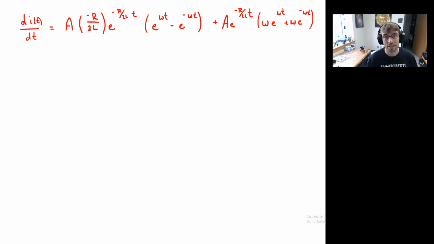Oh, that's ugly. But now that we have that expression, let's plug in time equal to 0. And I have the potential of the source divided by the inductance had better be equal to A times negative R over 2L, and I have e to the 0, so I get 1 times e to the 0 minus e to the 0.